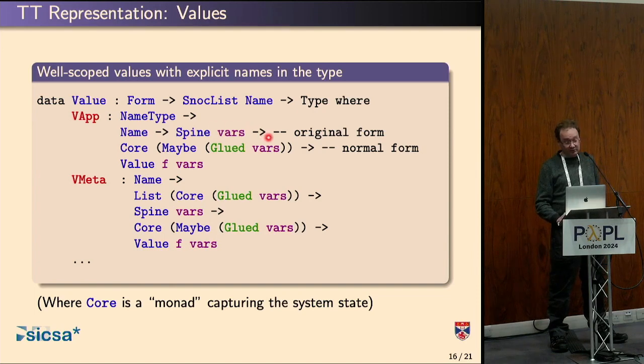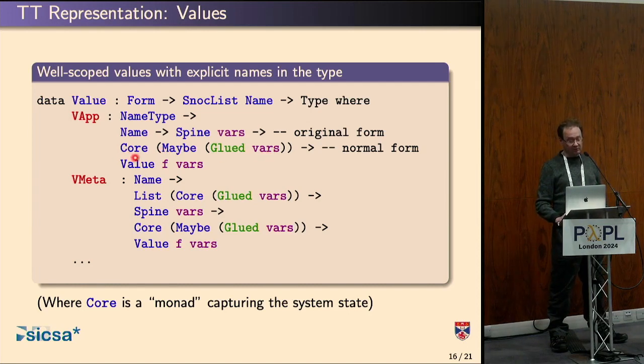That's its original form. And then if it's possible to evaluate it further, which it may or may not be, because we have to deal with the fact that programs could be partially written. We might have type declarations but not the definition, so it might be stuck. But if it does evaluate, if it turns out we need to go further, we can go further.